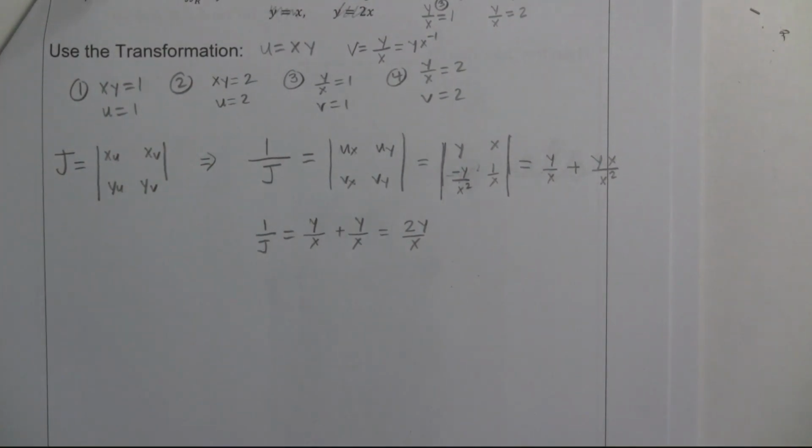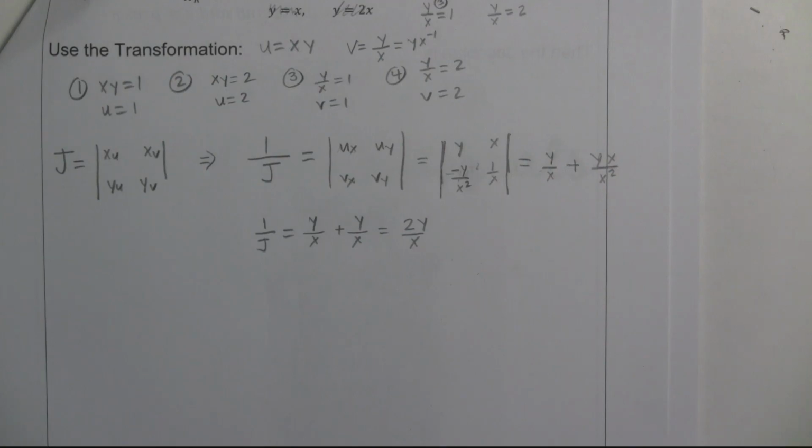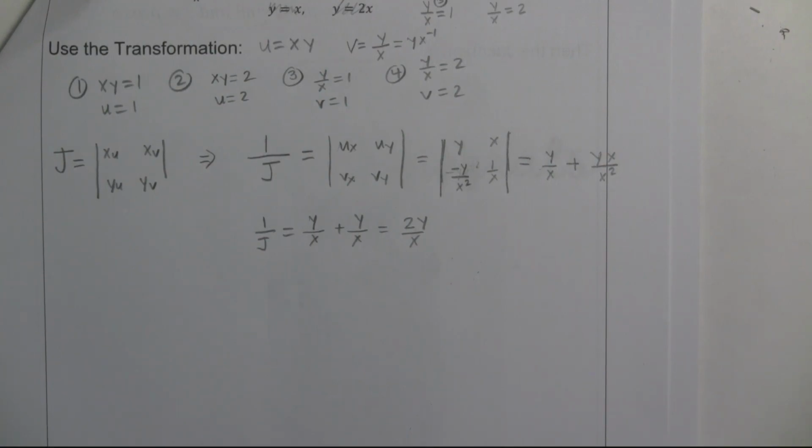Okay, hot diggity dog. Before I figure out what J is, don't forget that when I put things in my integral, I don't want any x's and any y's. Of course, when I put this in my integral, I'm going to have some x's and y's. But don't worry, we have a way of getting rid of x's and y's with our u's and our v's.